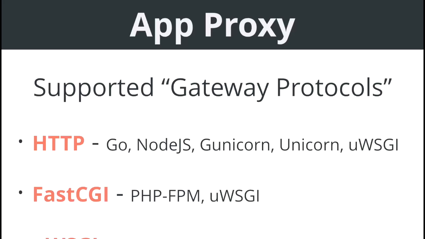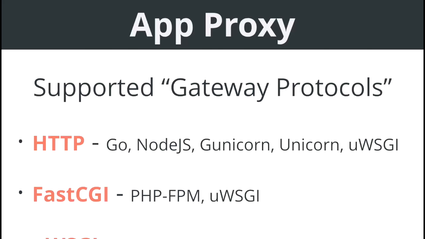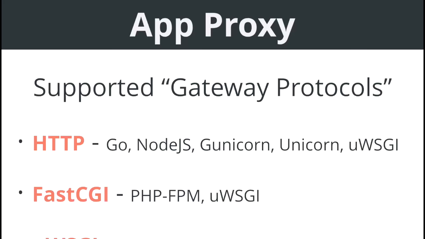So say we're using PHP, and we have a PHP application. That's this green code in the bottom of the screen you're seeing. You use PHP FPM to talk to the application, so that'd be the gateway in this picture. Nginx would send a request off to PHP FPM. PHP FPM would send the request to your code, and then just respond with whatever response your code makes.